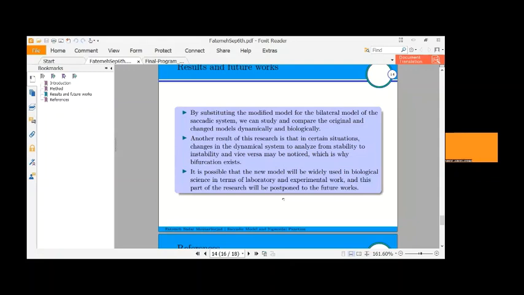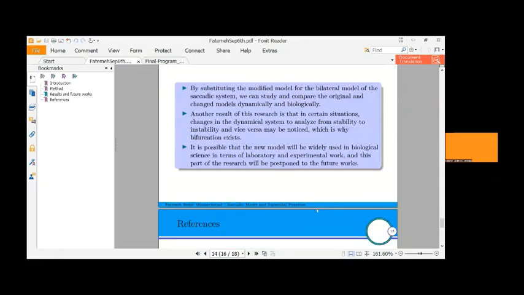Another result of this research is that in certain situations, changes in the dynamical system from stability to instability and vice versa may be noticed, which is why bifurcation exists. It is possible that the new model will be widely used in biological science in terms of laboratory and experimental work. And this part of the research will be postponed to future work.